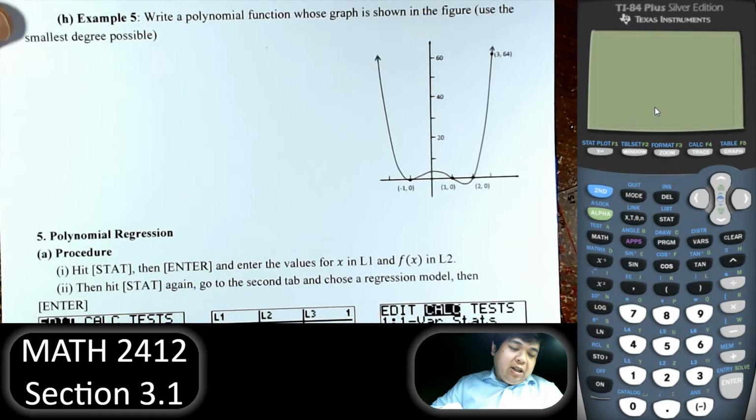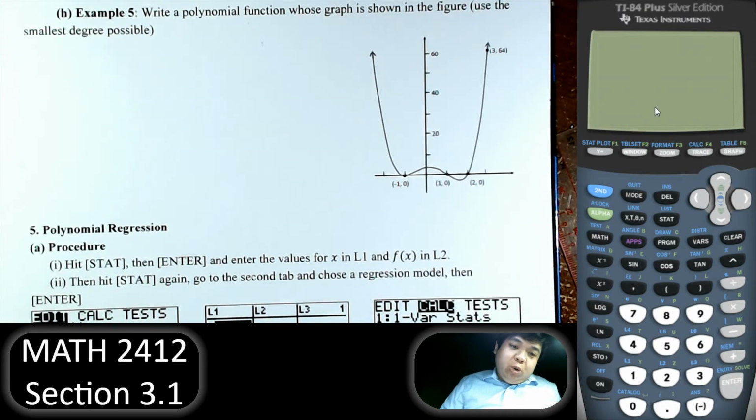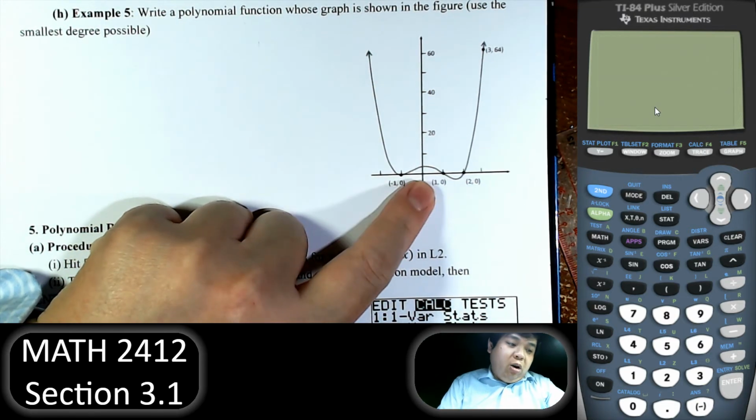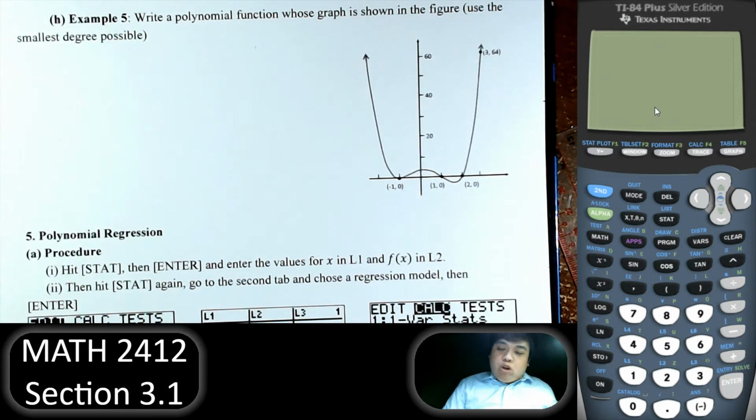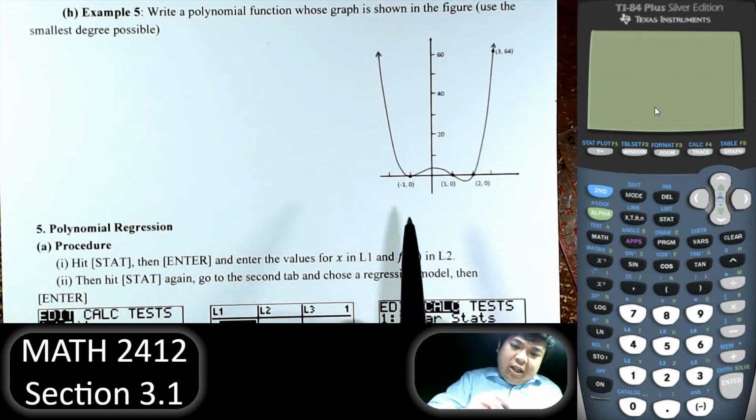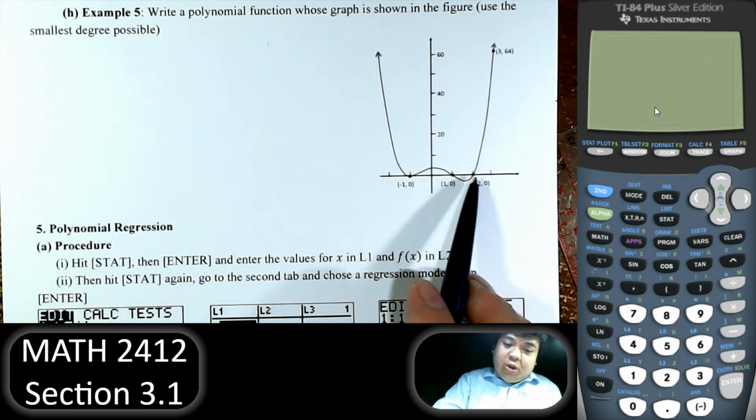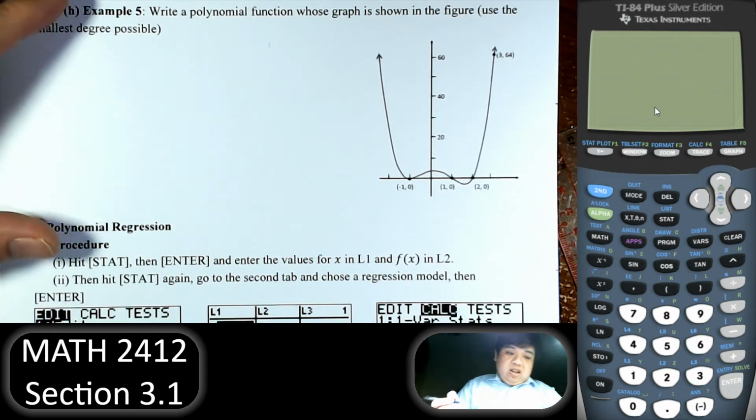Next, write a polynomial function whose graph is shown as follows. Use the smallest possible degree. So when we look at this, we see the x-intercepts. The x-intercept is the same as the zeros.